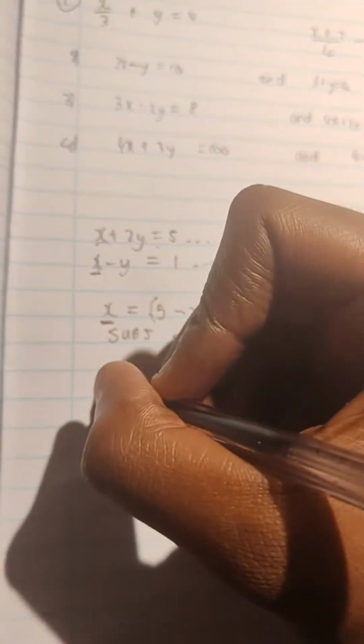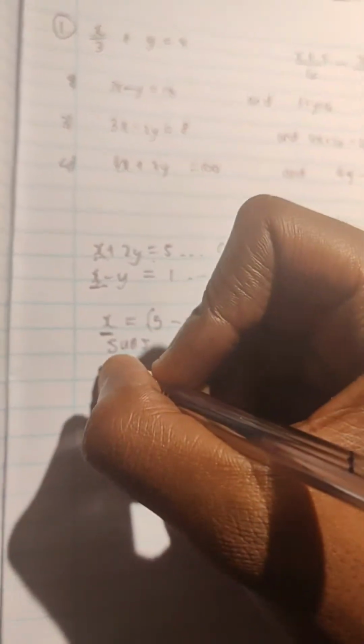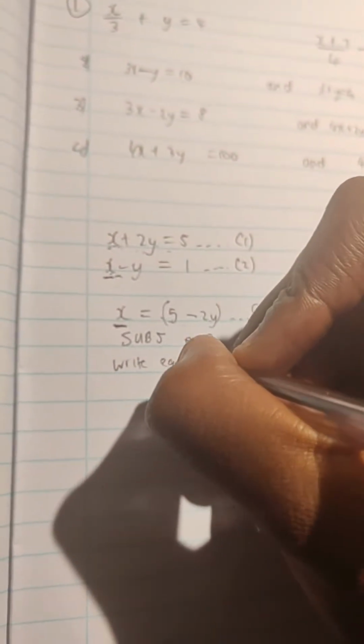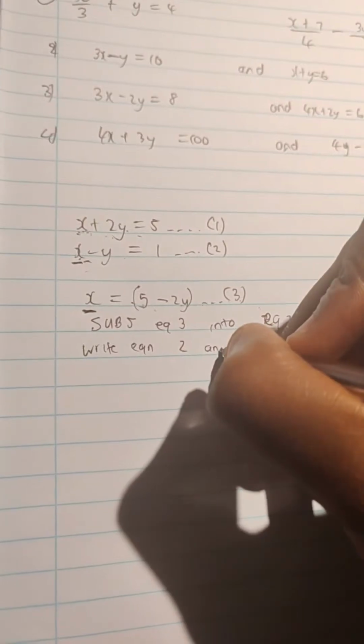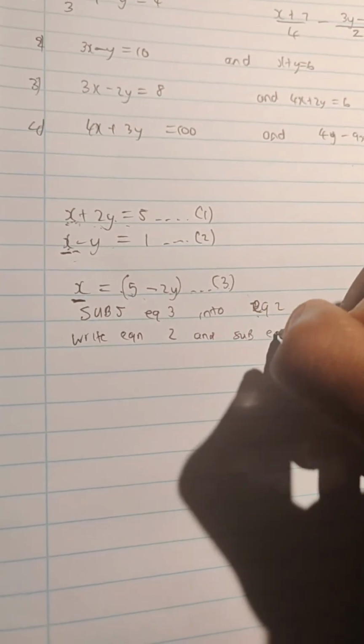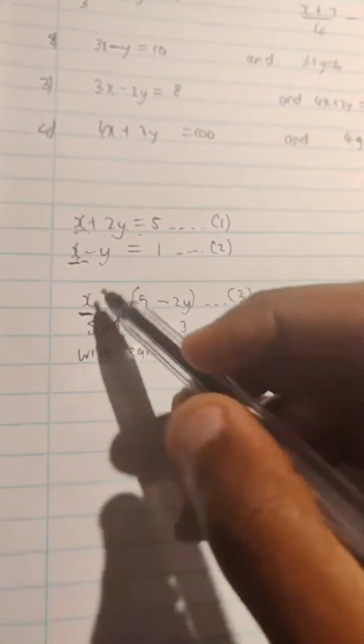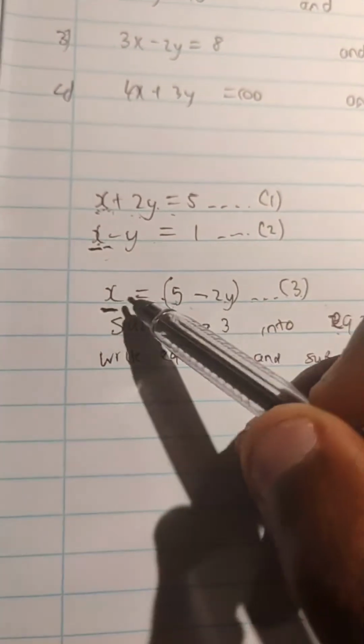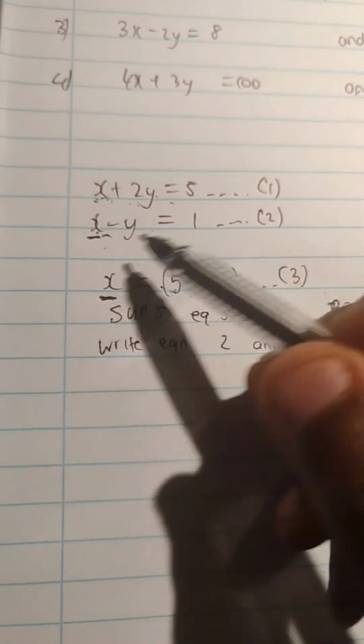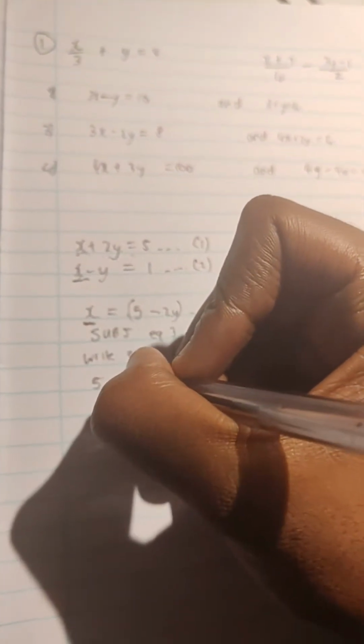So let's do that. We write equation 2 and sub equation 3. As you write equation 2, that means in the place of x, we are going to write 5 minus 2y in brackets.